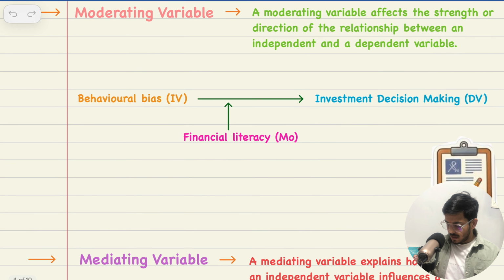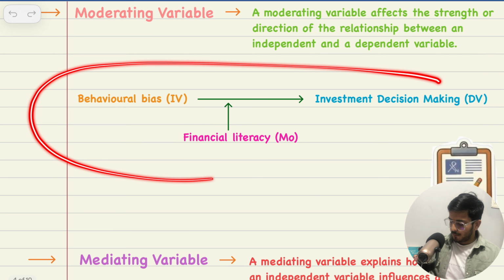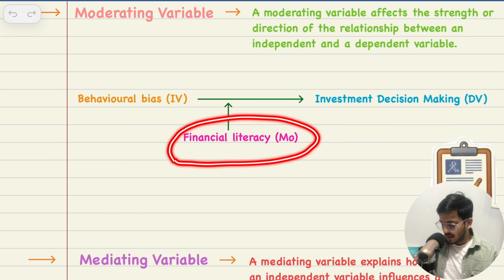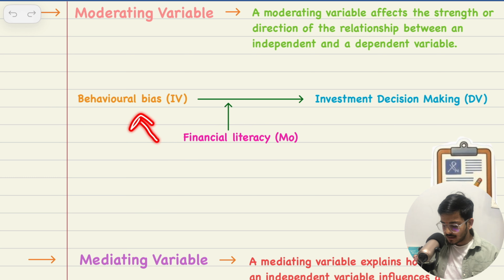Here is a conceptual diagram to explain this moderating variable. Here behavioral biases is our independent variable, that we call IV. Here investment decision making is DV, that is our dependent variable. Now financial literacy here is not impacting behavioral bias directly, neither is it impacting investment decision making directly.